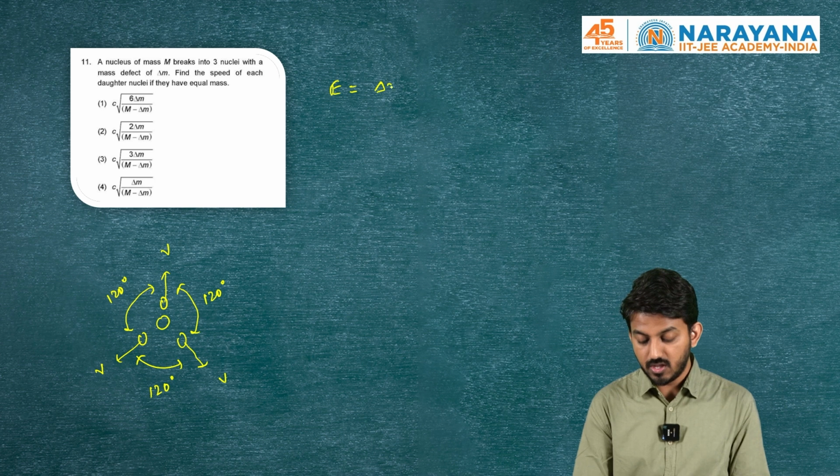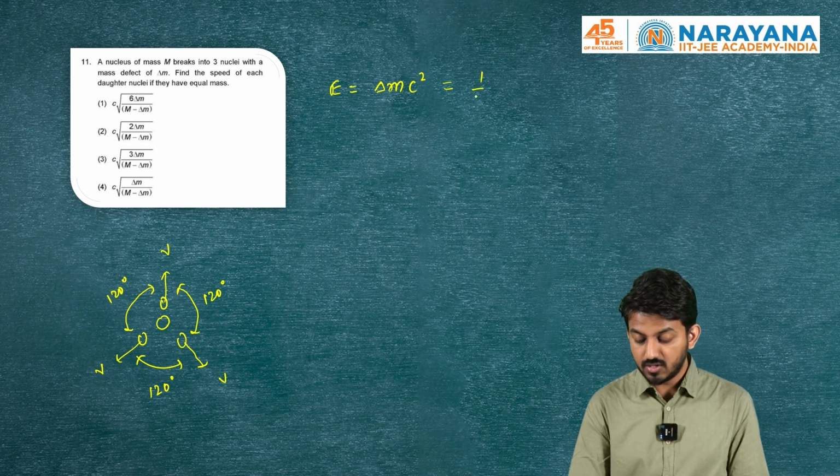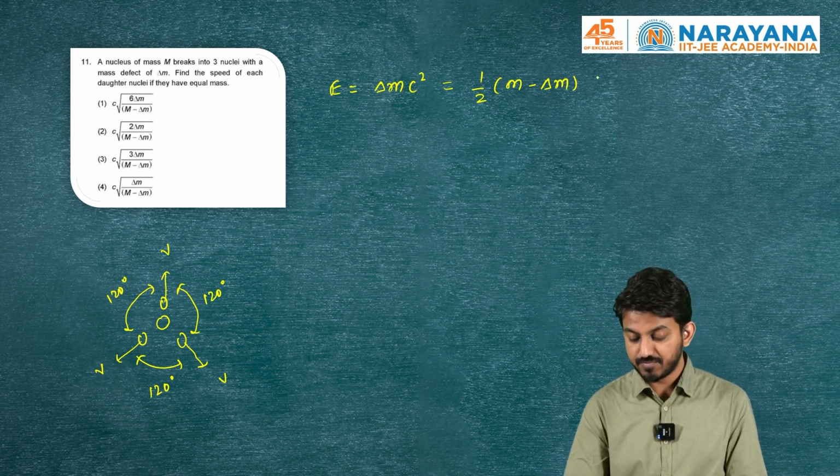Now, total energy released here is delta mc square, which will be equal to the total kinetic energy of the system. Kinetic energy is going to be half times m minus delta m, the mass of a daughter nuclei.